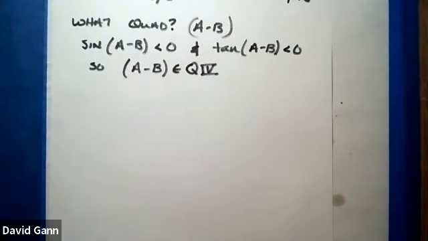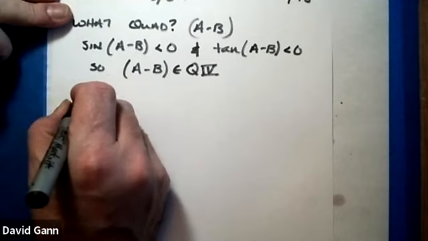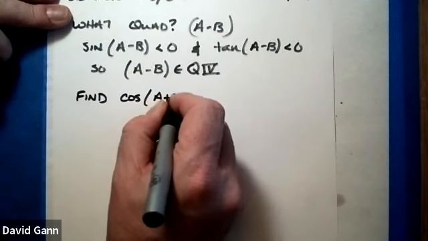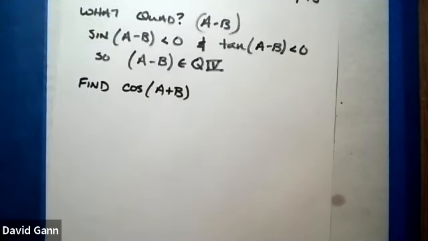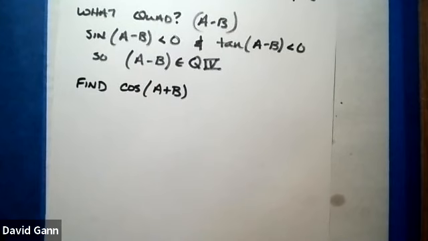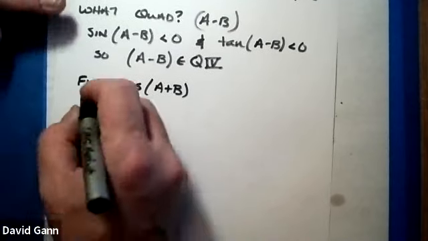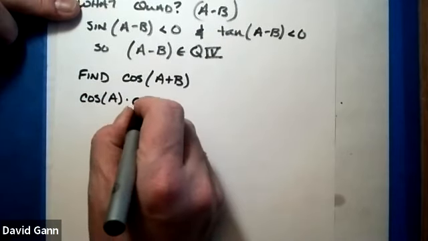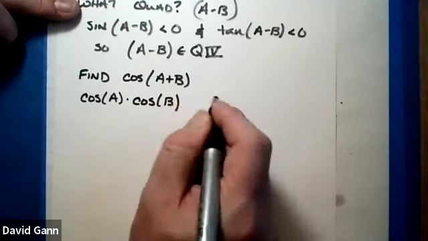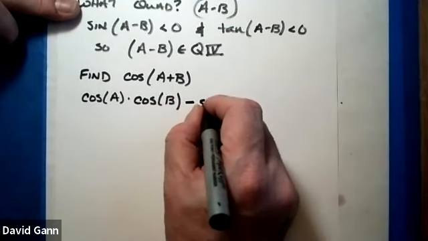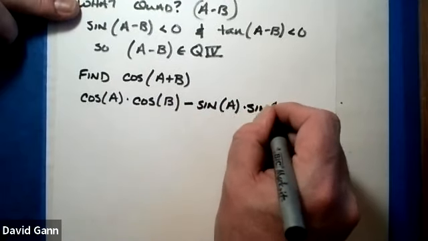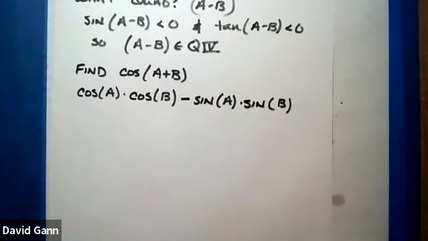Okay? The final task we were asked to do was to find the cosine of A plus B. And recall from the sum formula for cosine that that is cosine of A times cosine of B, different sign, minus the sine of A times the sine of B. All right.